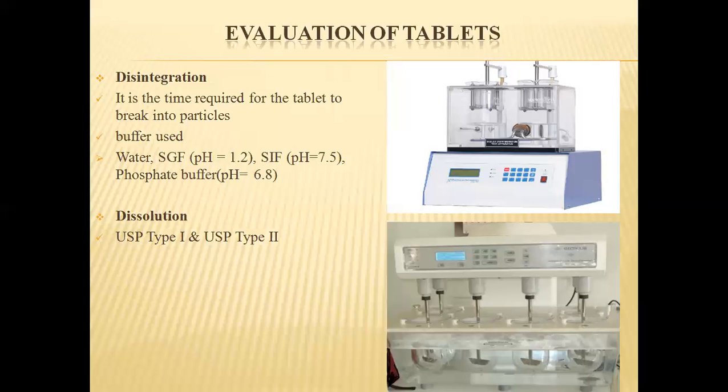Now we will discuss what is the method used for uncoated tablets. One tablet in each of the 6 tubes is placed, and the temperature is maintained around 37 plus minus 2 degrees centigrade. After 15 minutes of movement, there should not be any tablet that has not gone for complete disintegration.